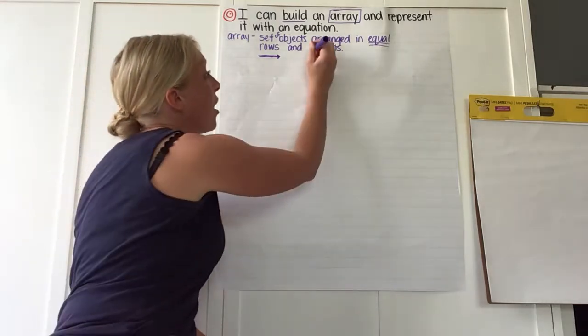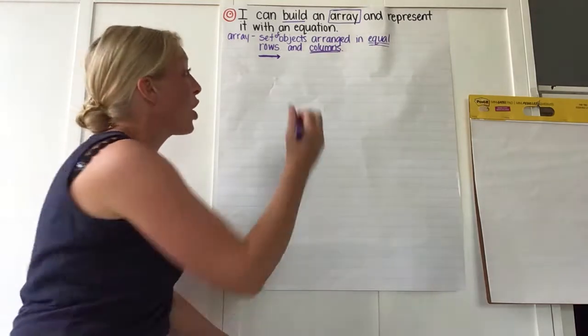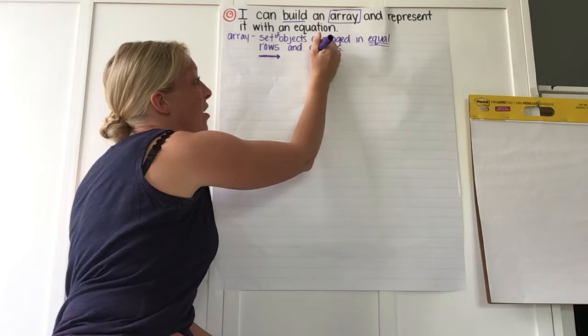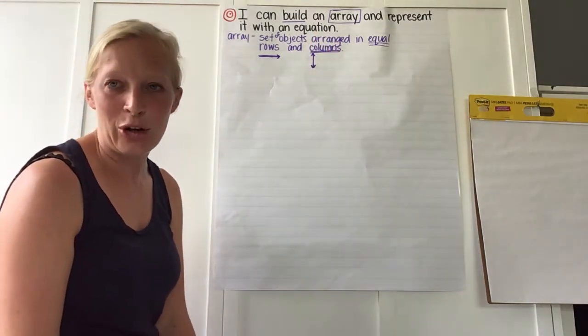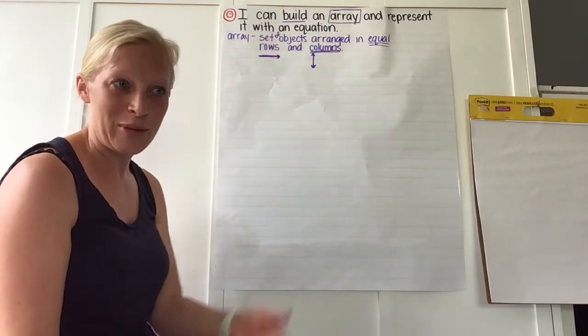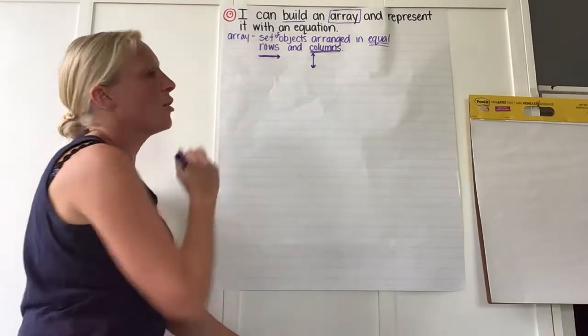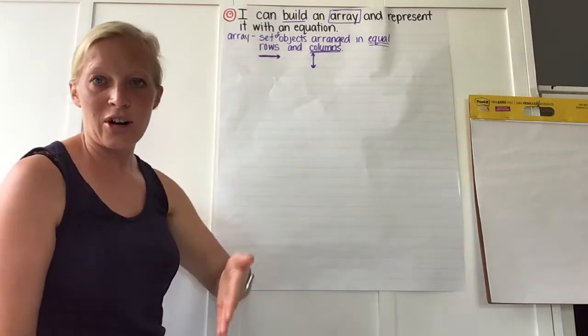Now, the column are the group of objects that are going down, okay, or up. They call that vertical. Ever say vertical? Ooh, vertical means going up and down. That's that vertical. This is called horizontal. Horizontal are your rows. Vertical are your columns.